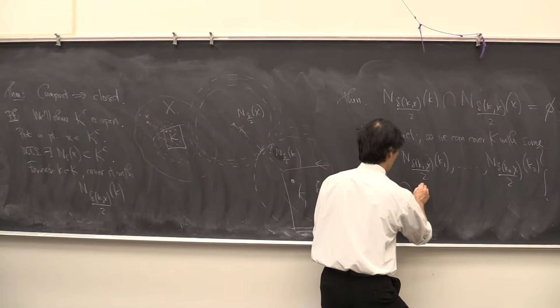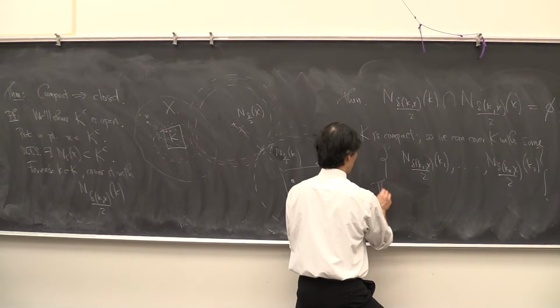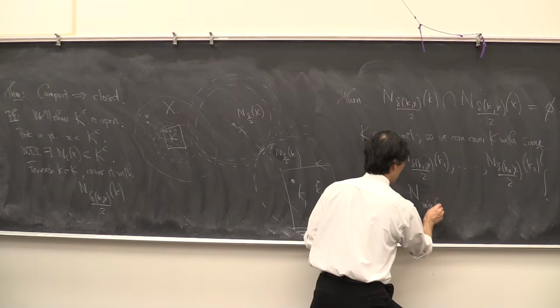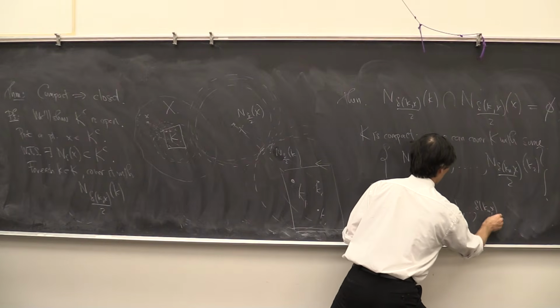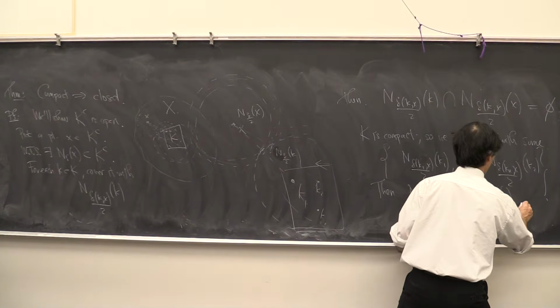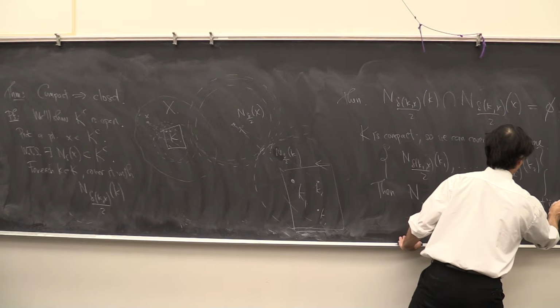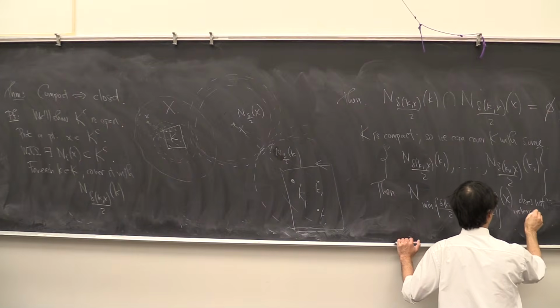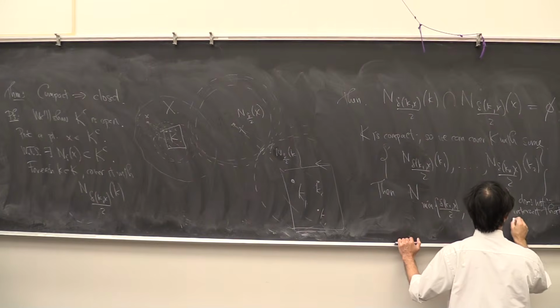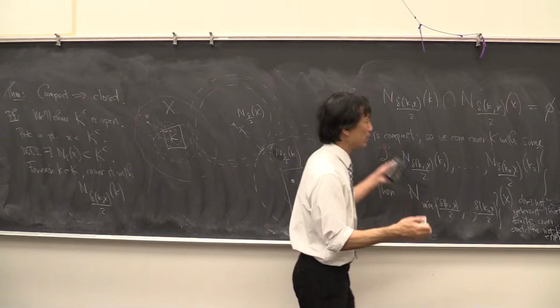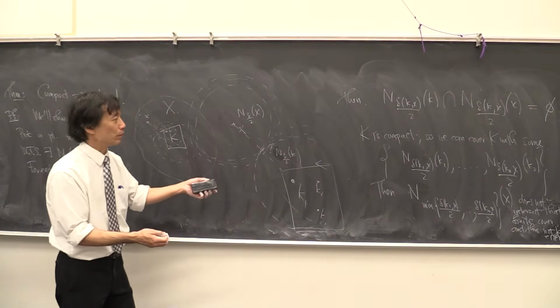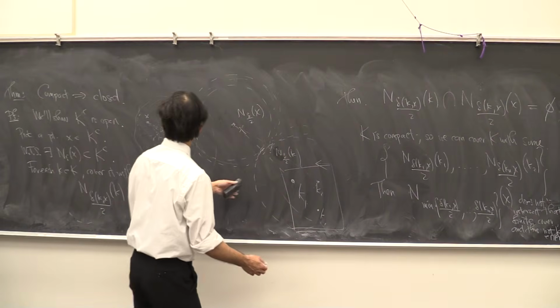Then let me write it this way: the ball of minimum radius among delta k1 through delta kn around x does not intersect that finite cover, and thus not K either, because that finite cover covers K. So we don't intersect that cover, we don't intersect K. Which means that we found the ball.